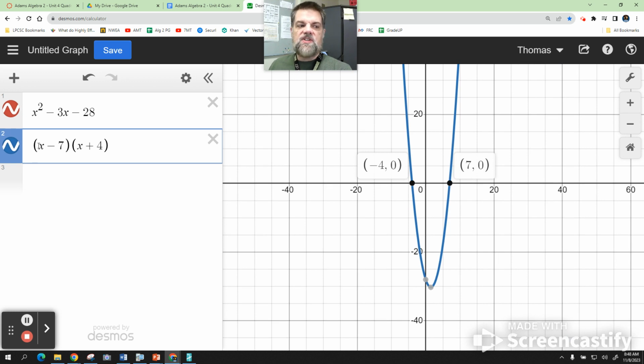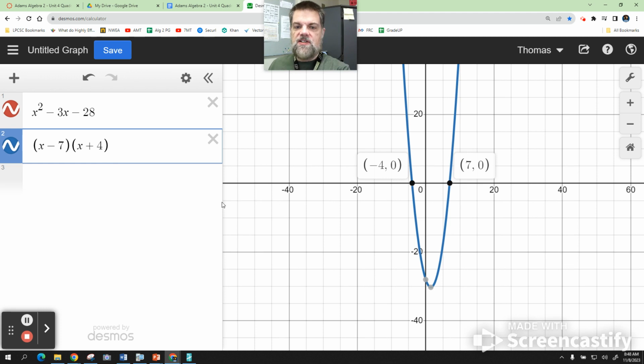In other words, we're setting this equal to 0, and we're setting this equal to 0. So at some point, maybe tomorrow or the day after, I'm going to say, let's solve a quadratic equation, or let's find the zeros. And then you'll be like, oh, I'm going to have to factor it, and then set each factor equal to 0, and so on.